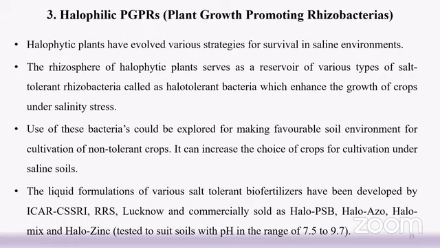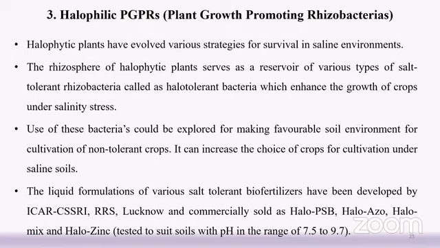We can increase the yield, they can secrete the nutrients, and they can promote the growth of plants under saline conditions also. Because in saline soils, if the conditions are not suitable for the crop, the conditions are also not suitable for the normal microorganisms. And as you all know, microorganisms are very important for soil health.